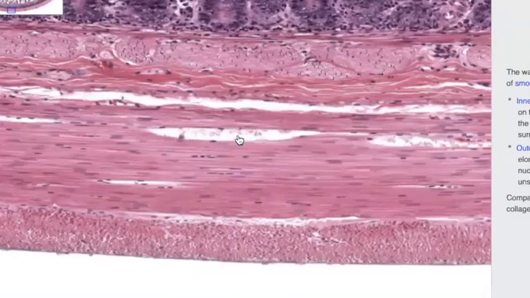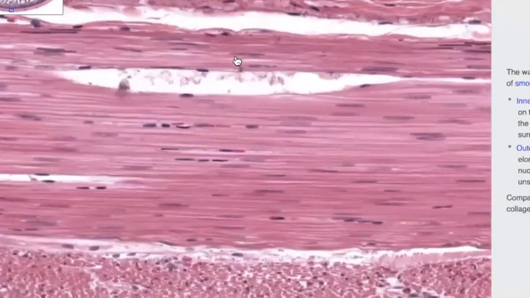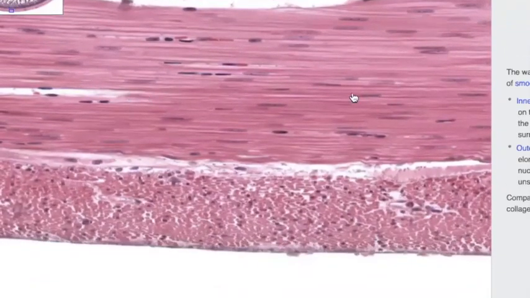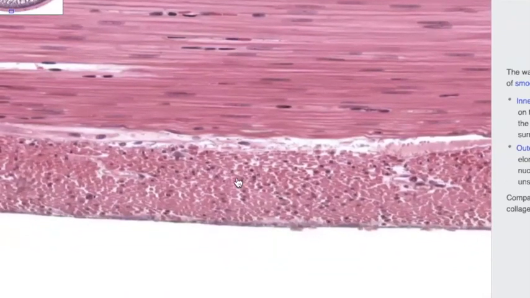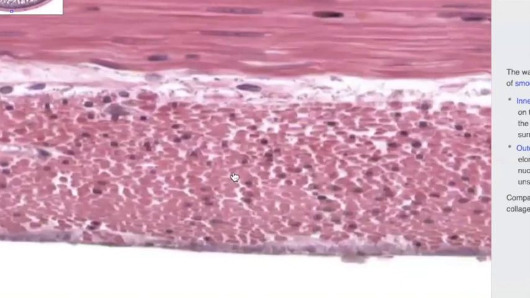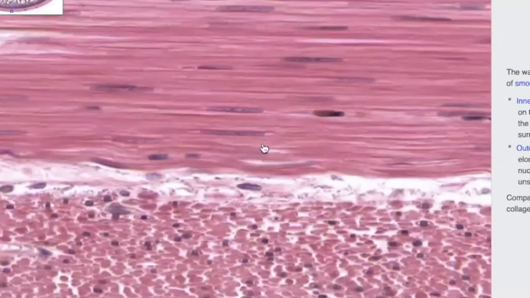In this case, you usually have a couple different layers. You have one running lengthwise, one running in a circular mode. This is actually the circular one. This is the longitudinal, but this is a cross section. Hard to tell, but these longitudinal ones are smooth muscle running along here. So those are smooth muscle.